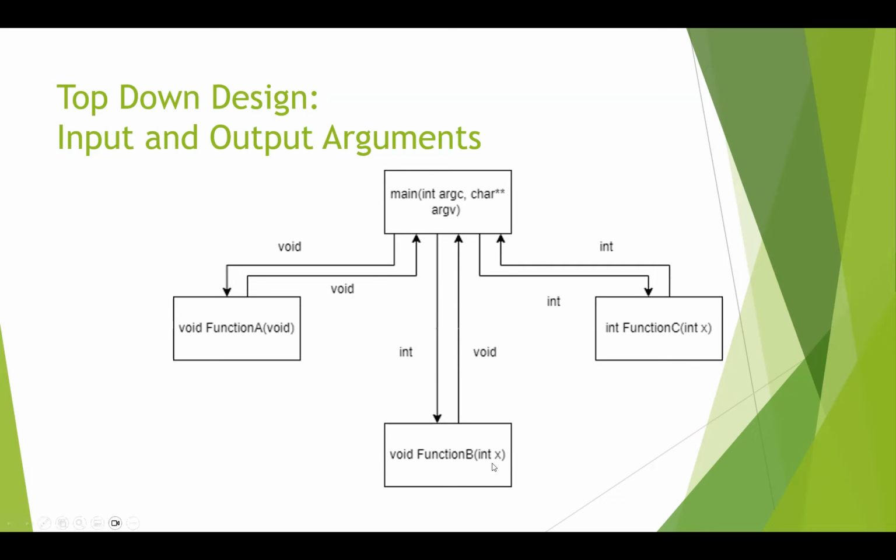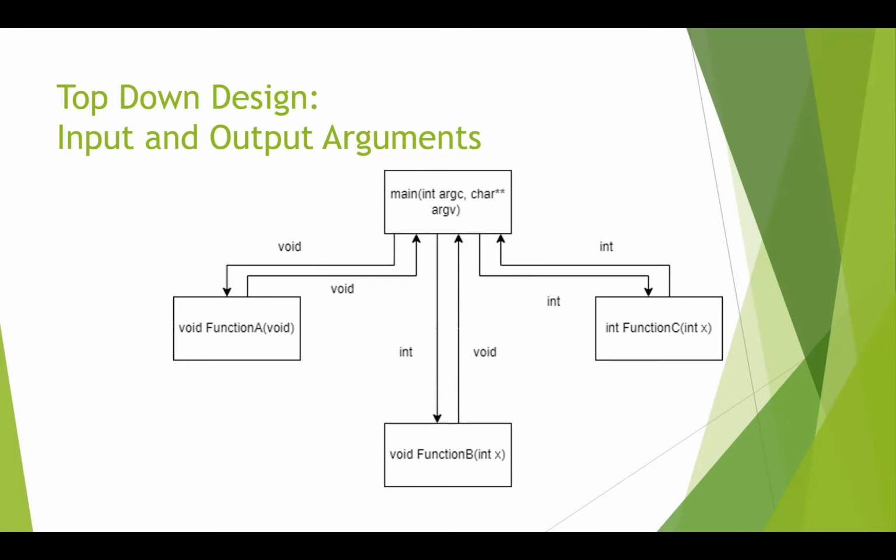Now, our second function B improves on this just slightly, in that it accepts an integer. In other words, basically, we pass an integer x to our function B. It does something inside of it. Maybe it prints out a table, but it has no way of communicating back to main. The return of the control from B back to main still occurs, but there is no information that is being passed from B back to main.